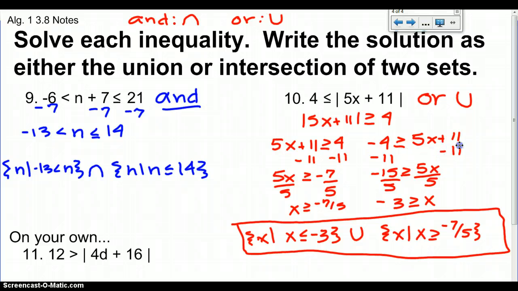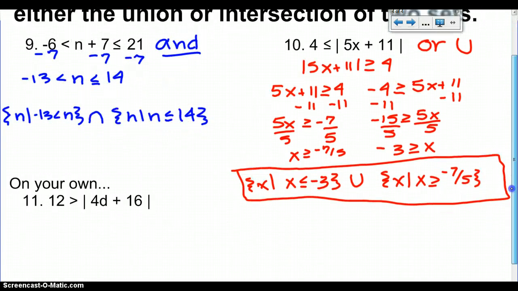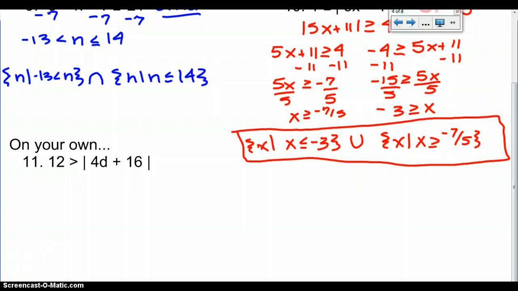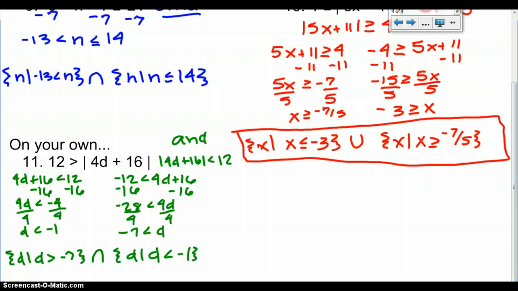I want you guys to pause it, do number 11 on your own, and then we'll come back and make sure we get the same answer. Okay, I'm back and you can see what I did. The first thing I did is I flipped the equation to get the absolute value of 4d plus 16 is less than 12. So less than, so we know we have an and. Then I split them up. The first equation I got d is less than negative 1.